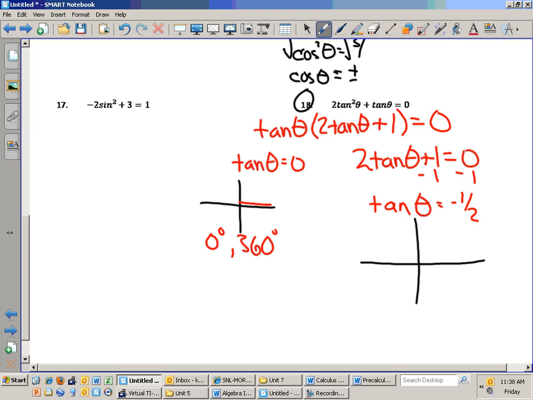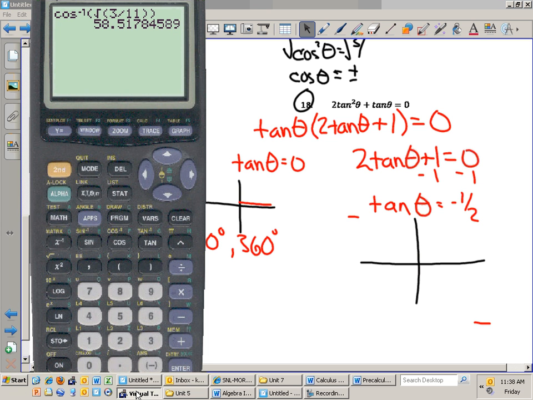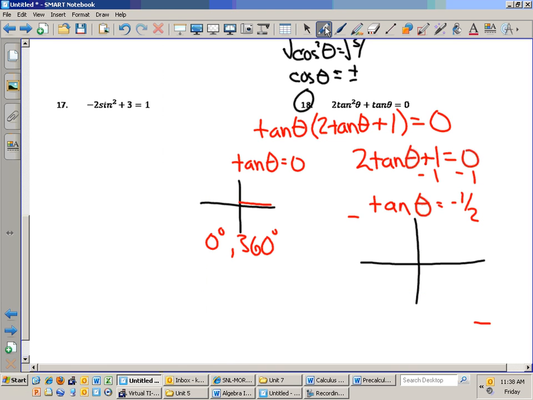Where is tangent negative? Second and fourth. Go by calculator. Tangent inverse, negative 1 over 2. Negative 26.57. So I guess that gave me the angle in the fourth quadrant because it was negative. So I go down.